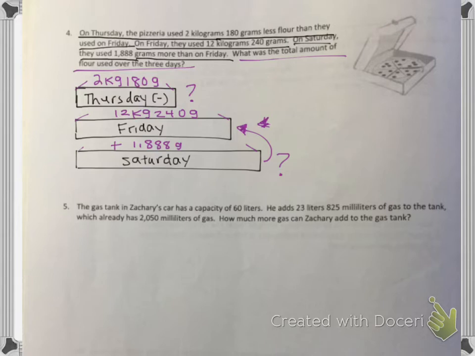We know that Thursday is 2 kilograms and 180 grams less than our Friday. So let's do some math with our Friday. So there's our Friday amount. Okay. And Thursday had less. So we're subtracting. And 180 grams.